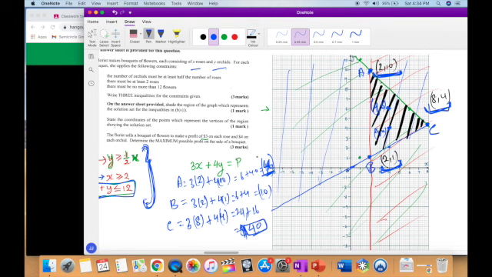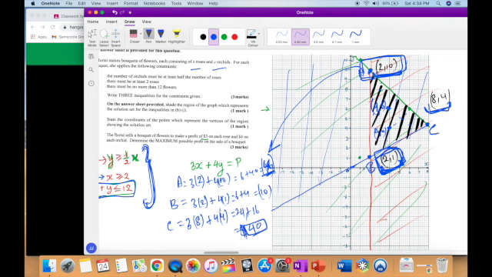And that is the maximum amount of profit that I could make. And what you'll find here is this point here. When you plug that into the profit equation, you will get more money than any other point inside of the triangle. Okay? And you notice this B point here, this will be a minimum.